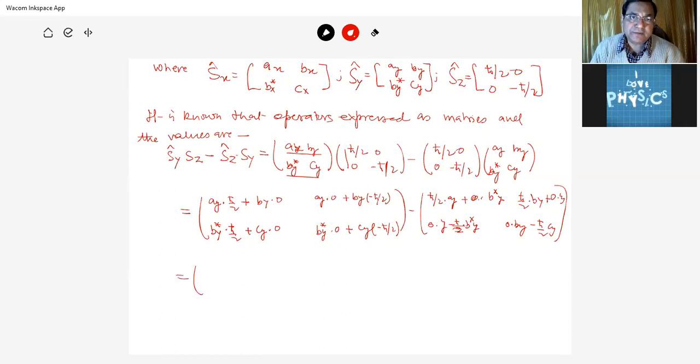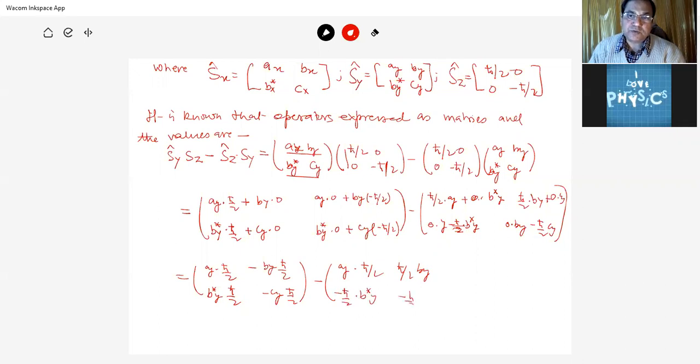So this value is Ay H by 2 minus By H cross by 2, B star y H by 2 minus Cy H by 2, minus Ay H by 2, H by 2 By, minus H by 2 B star y, minus H by 2 Cy. And this H by 2 is taken as common in all the terms.